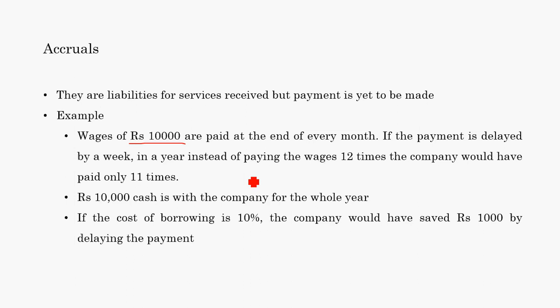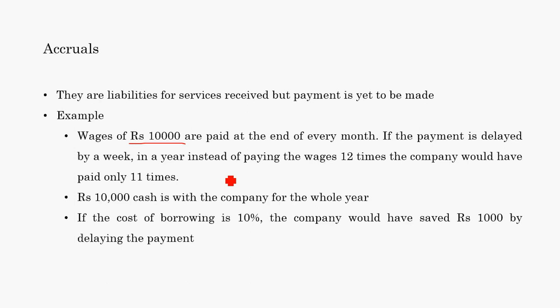So if you consider until the end of December, you would have paid only 11 times. Which effectively means that all through the year you have had 10,000 with you, which you are supposed to pay as wages, but you have delayed that payment by a week. Because of delaying it by a week, you had this 10,000 for the whole year.